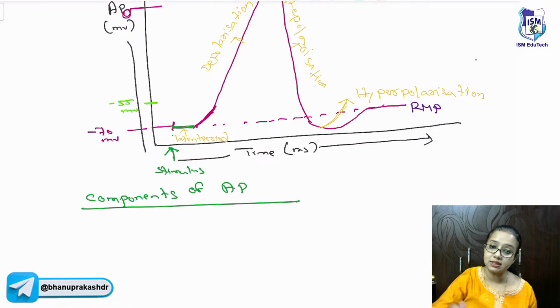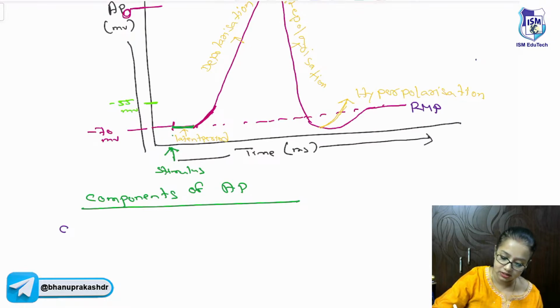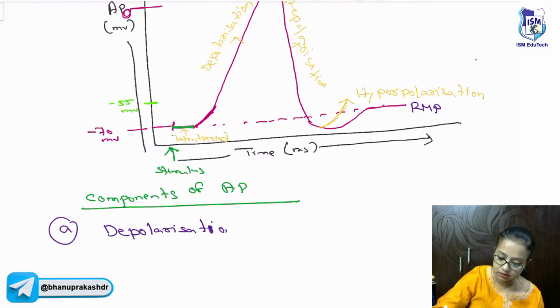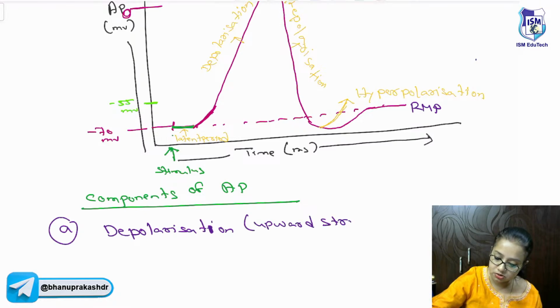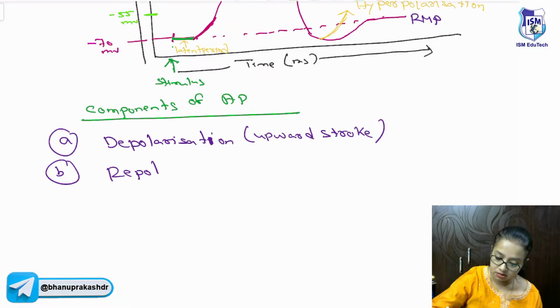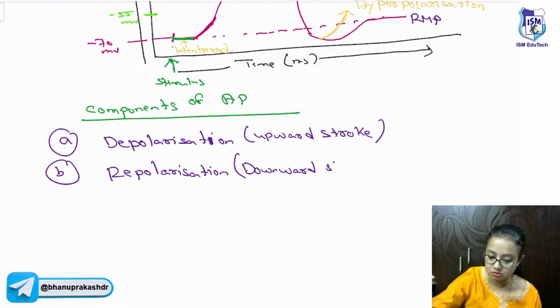So if we write the components of an action potential, we have the depolarization, which is the upward stroke. Then we have the repolarization, which is the downward stroke.